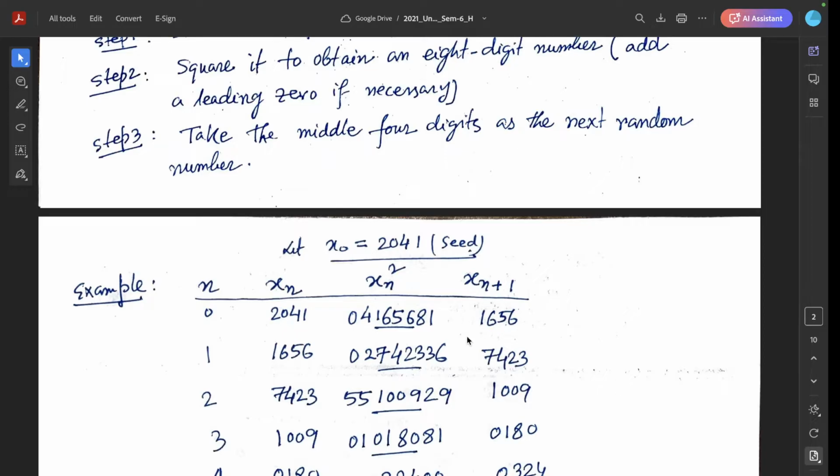Next step: 1656 is the random number. Square it, add a leading 0 so that the total number of digits in the square is 8, and take the middle 4 digits, 7423, and so on.